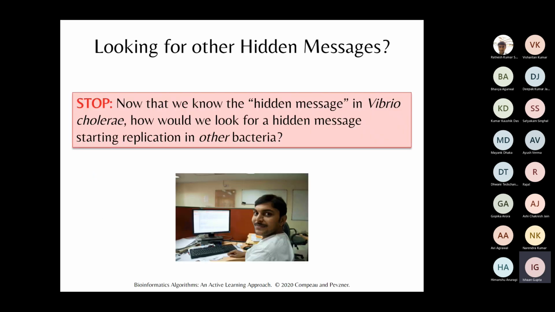All right. So now that we have figured out how to look for hidden messages in Vibrio cholerae, can we quickly apply the same understanding to other bacteria to find their origin of replication?